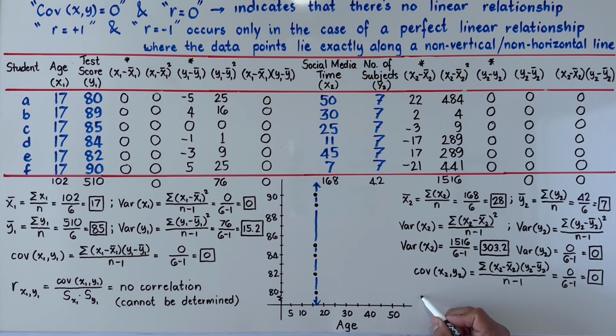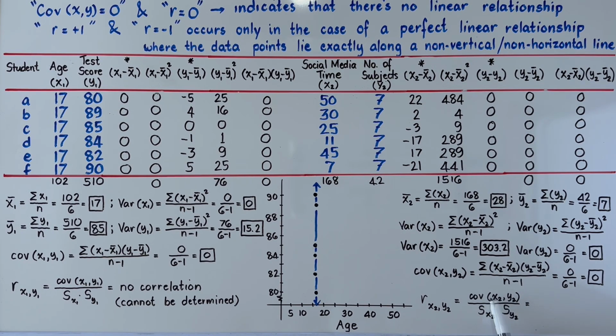Now let's compute and see what's the correlation coefficient between x sub 2 and y sub 2 here. The correlation coefficient is the covariance between the two variables divided by the product of its standard deviation values here: the standard deviation of x sub 2 times the standard deviation of the variable y sub 2.